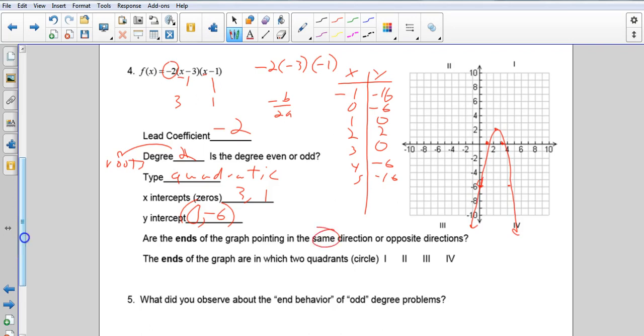Same or opposite direction? Same. Where are they ending up? 3 and 4.